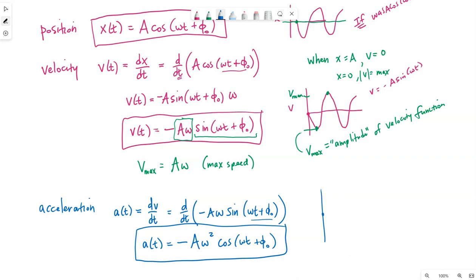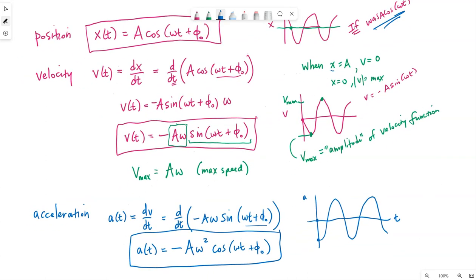function. If this is equilibrium, if we come back to this situation, if the position function was just purely cosine, the velocity ends up being negative sine, the acceleration ends up being negative cosine, meaning it's a negative maximum value to begin with, and then oscillates from there.